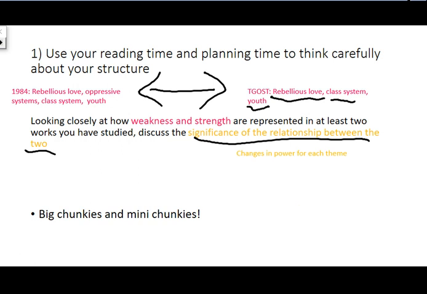But of course we've got the second part of the question. So I know that it's not enough to talk about how weakness and strength are represented in my big chunkies. I need to also look at how the changes of power happen in each theme. So that's what we're going to do.